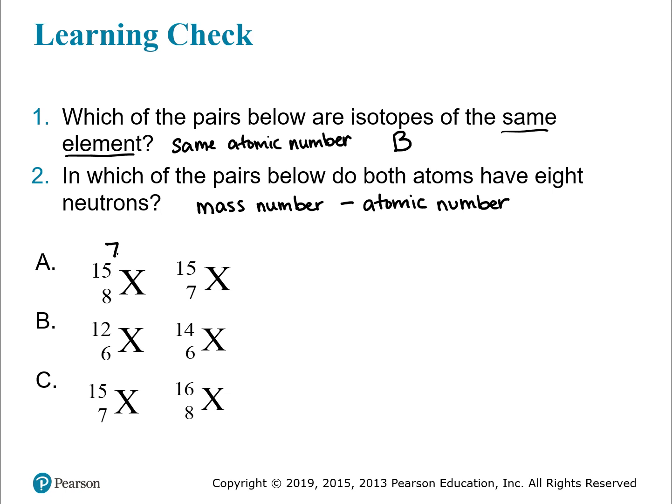So obviously, that one can't be it. A can't be it. 12 minus 6 gives us 6 neutrons. So it can't be that one. It's got to be C, but let's make sure. 15 minus 7 gives you 8. 16 minus 8 also gives you 8. So that one is letter C.